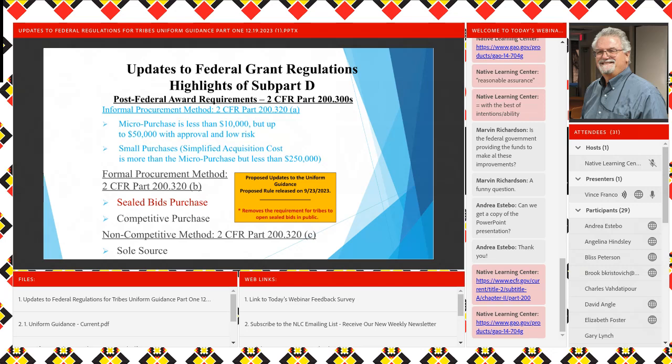They are talking about eliminating that particular requirement of the sealed bid process for tribes. So that's built in to the updates. Let's hope that happens. That would take some pressure off of tribes and tribal entities that use sealed bids for their construction processes. That's a good thing.